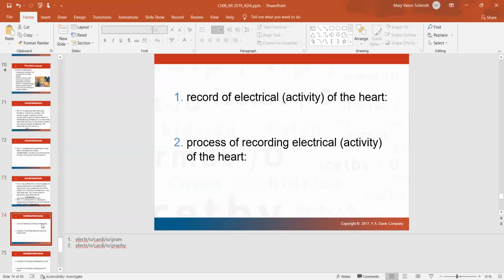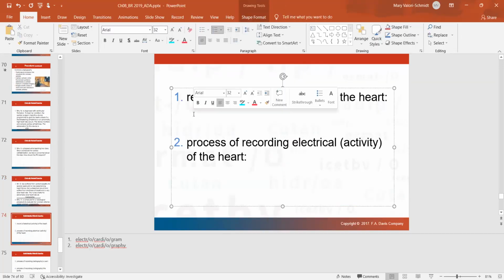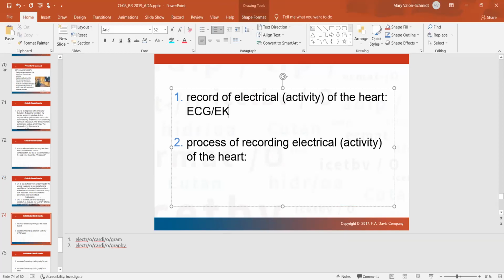All right. Recording the electrical activity of the heart is an ECG or an EKG. They mean the same thing, which is an electrocardiogram.